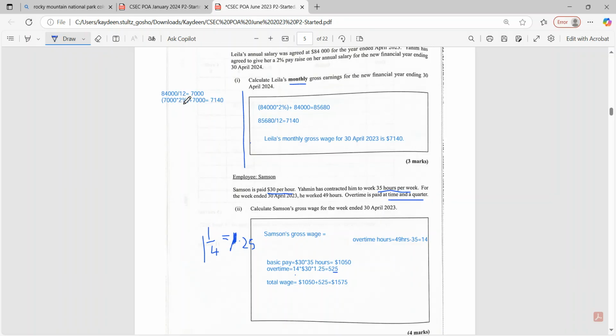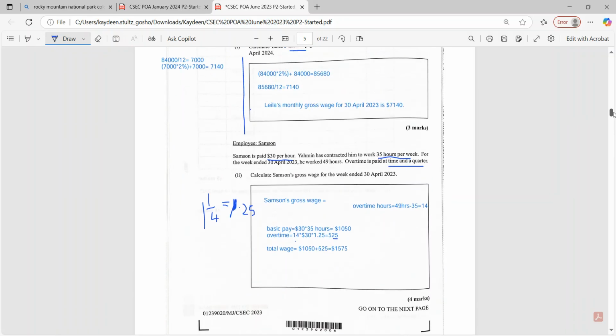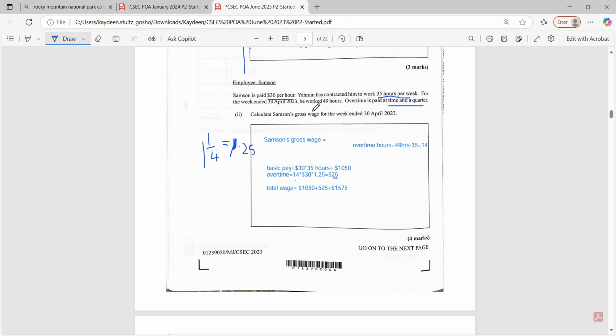So we have $7,000 multiplied by 2% plus the $7,000 will give us 7,140. Or if you want to go the shorter route, you say $7,000 multiplied by 102%, and that will give you 7,140. So there's no one way to do a mathematical equation or to do accounting, right? Once we go through, we get the same answer.